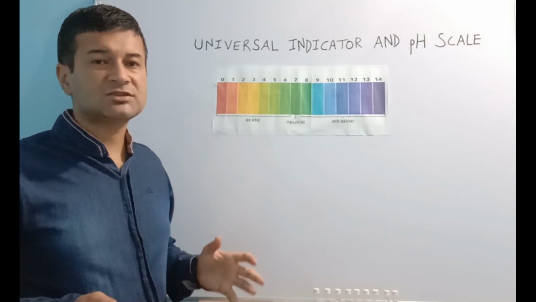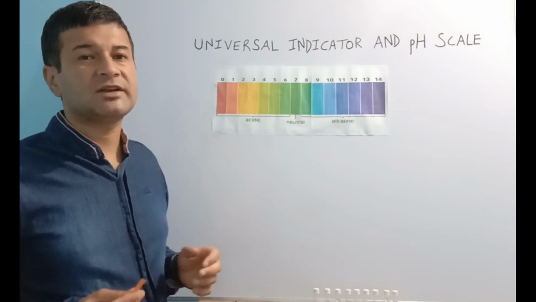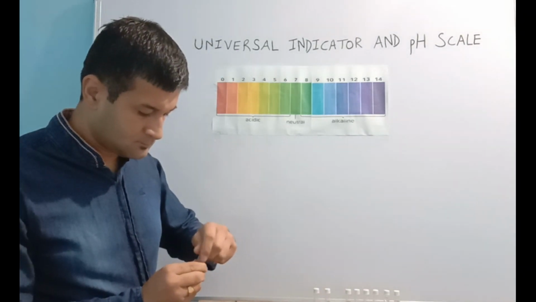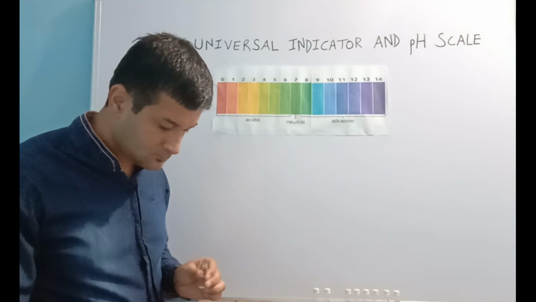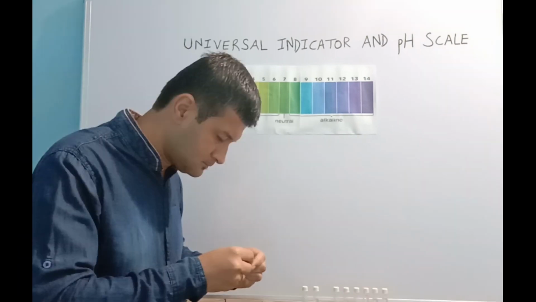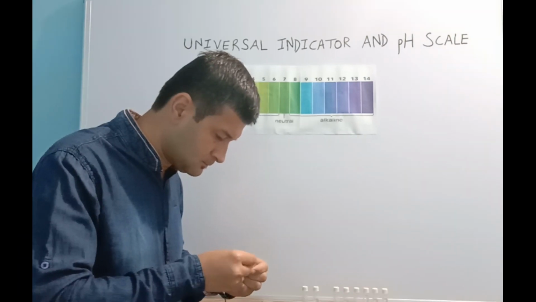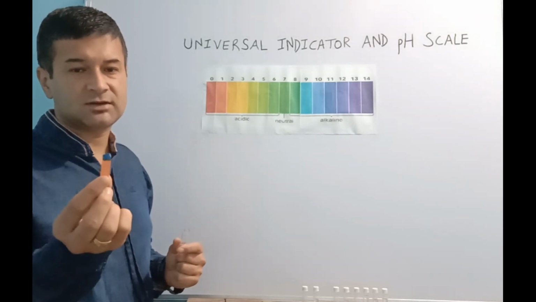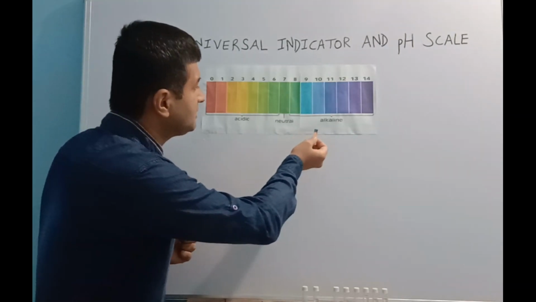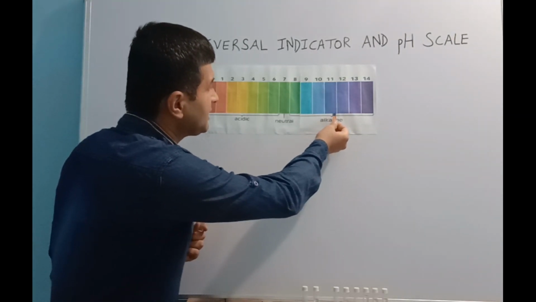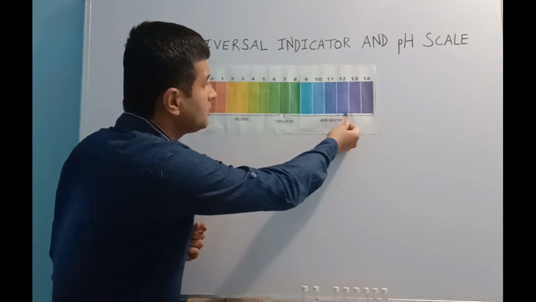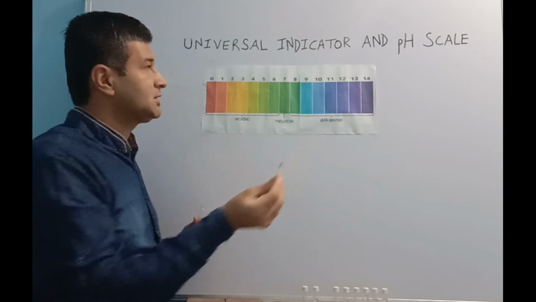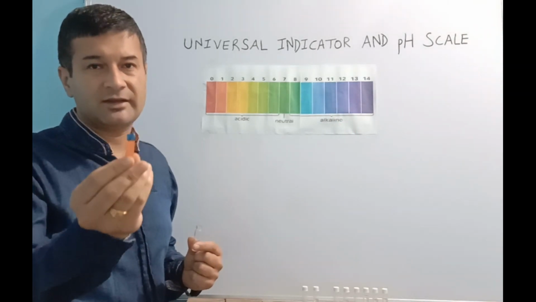Moving further, let's see the pH of the next solution. Here you see that it has turned blue. That means it is basic. Now we are going to match the color with our pH scale. So the color is matching with the corresponding pH value 12. That means it is a strong base.